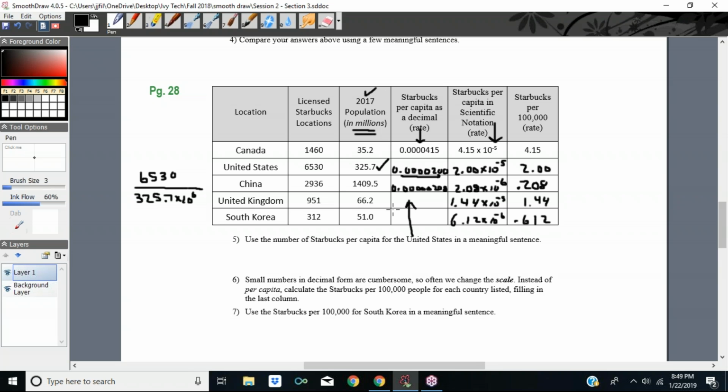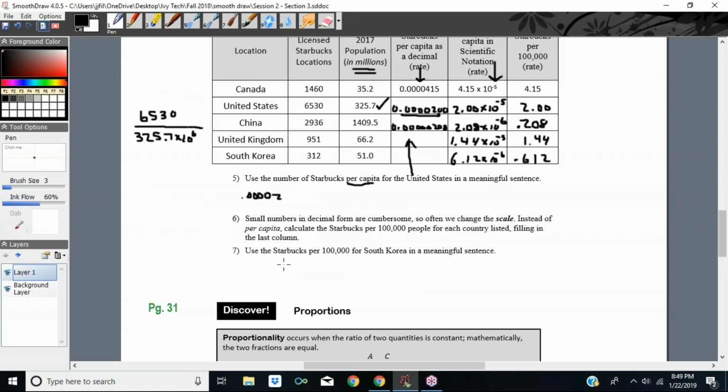We would say something like, in the US, there were about 0.00002 Starbucks per person or per capita in the United States. And I see that you're doing it per 100,000, and it makes more sense if we do that. But since this says per capita, we want the 0.00002 in our sentence.